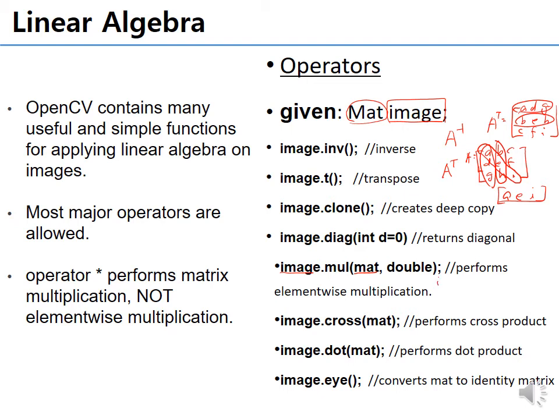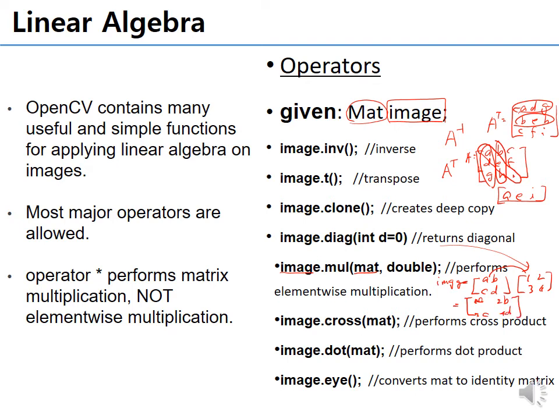For example, image has A, B, C, D, and another matrix is 1, 2, 3, 4. Then image.mul will produce 1A, 2B, 3C, 4D.